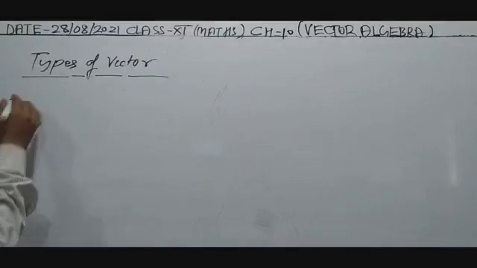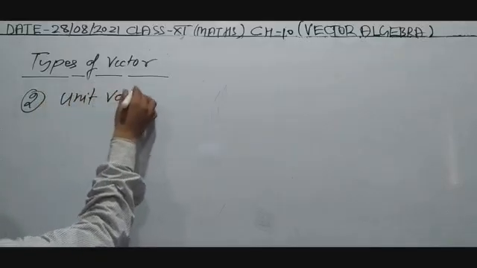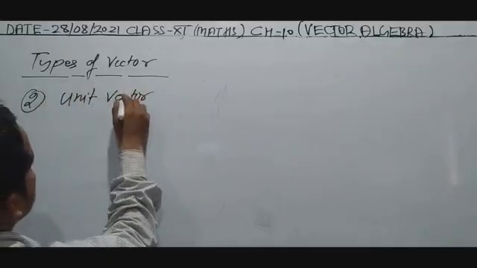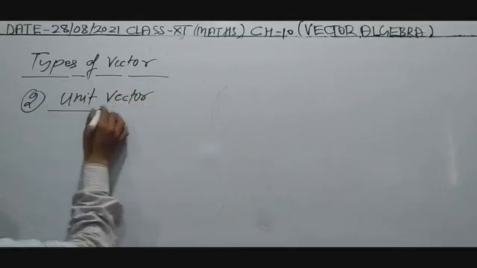Second type is unit vector. Now what is unit vector?